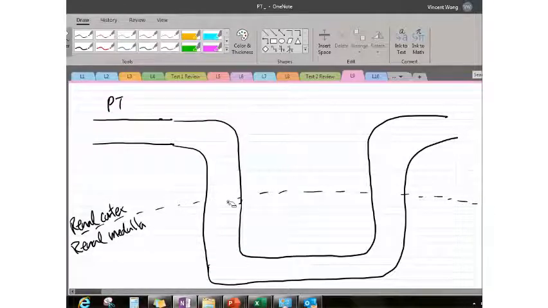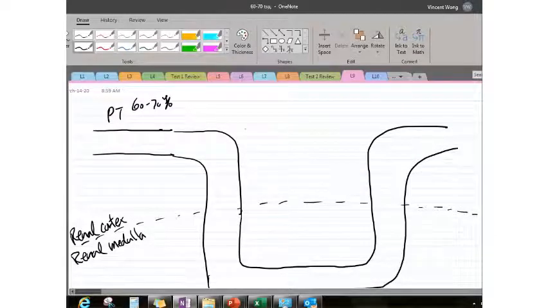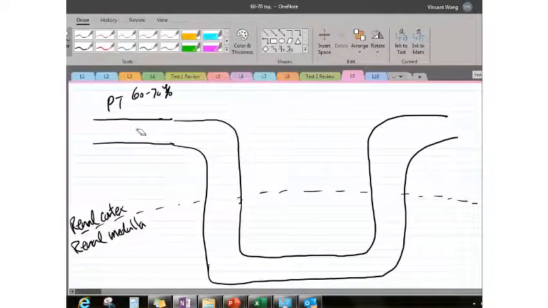At the proximal tubule, you will reabsorb 60 to 70% of the filtrate, and depending on how many ions you reabsorbed, that affects the concentration of the filtrate at this point. I'm just going to give a random number here. Let's say the osmolarity at this point is 400.